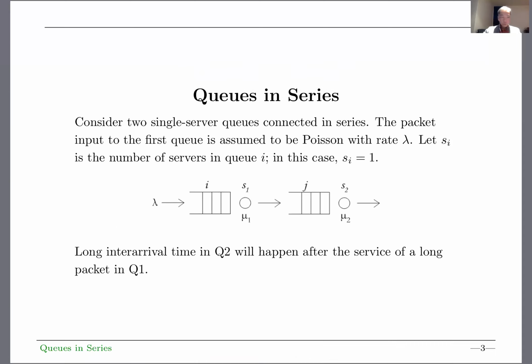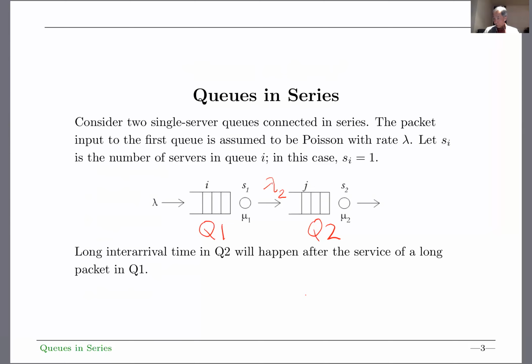Now this is the queue in series. We have Q1 and Q2. The arrival into Q2 is the departure of Q1. So how does Q1 influence the arrival into Q2?